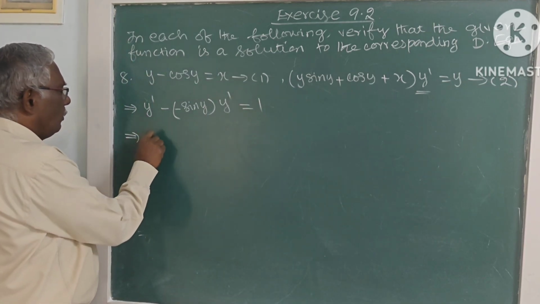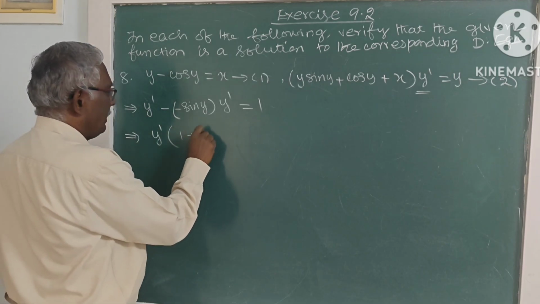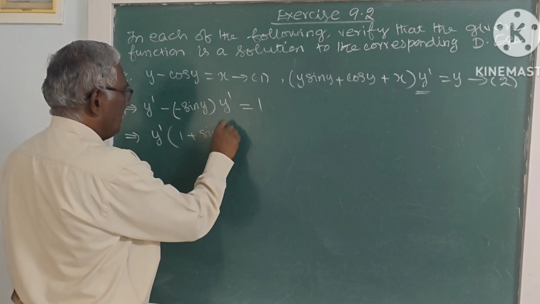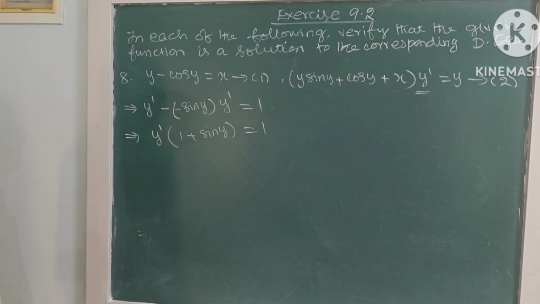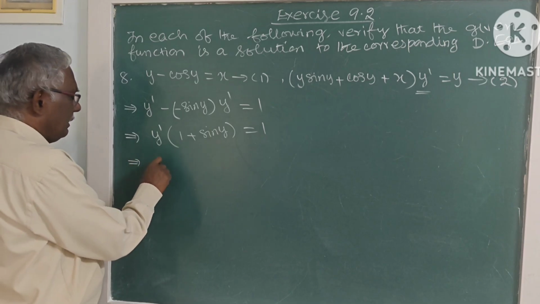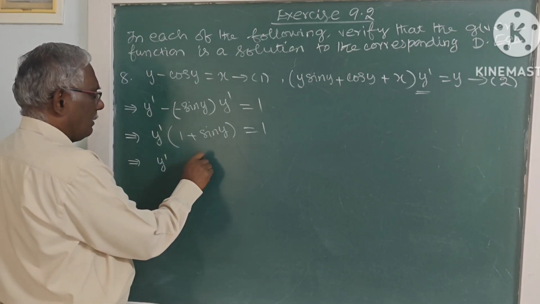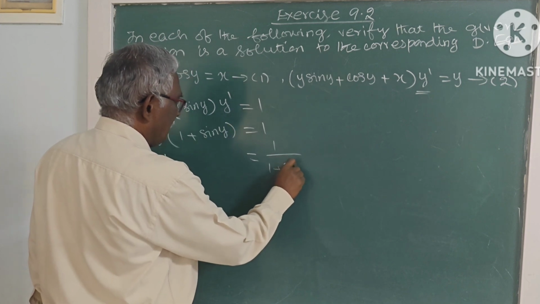We'll take y dash commonly outside. So y dash into 1 plus sin y is equal to 1. Therefore, y dash is equal to 1 by 1 plus sin y.